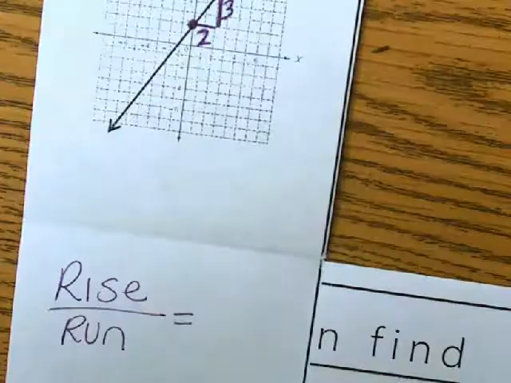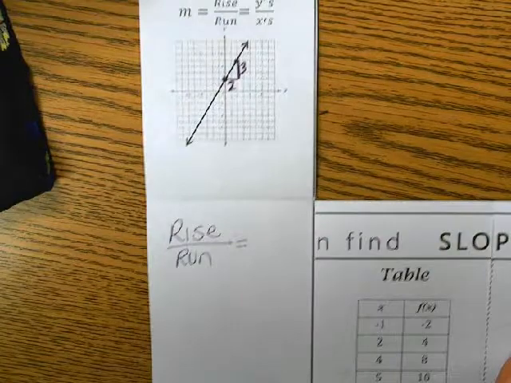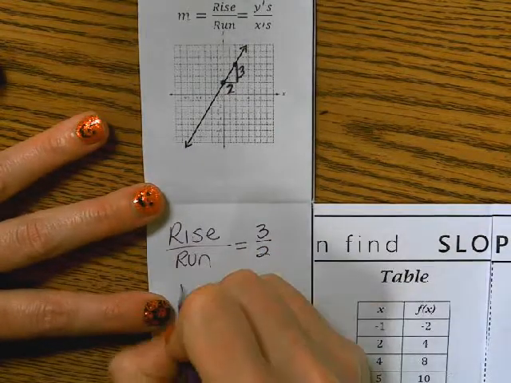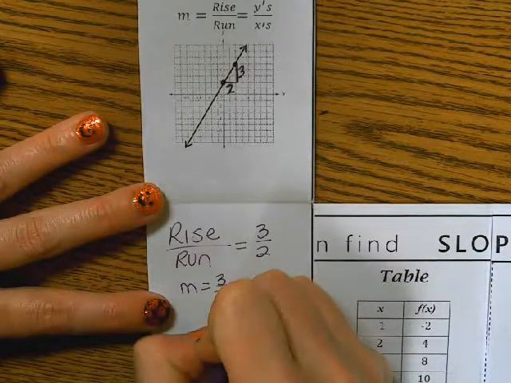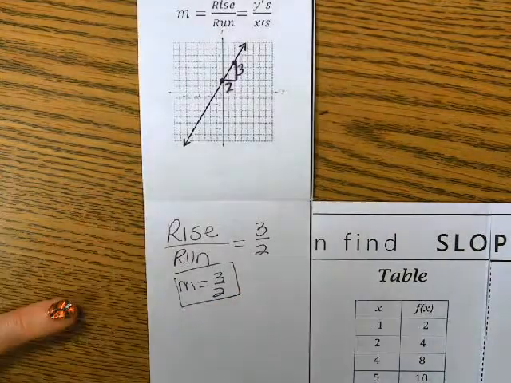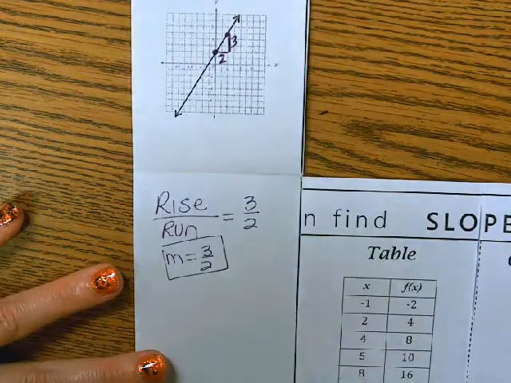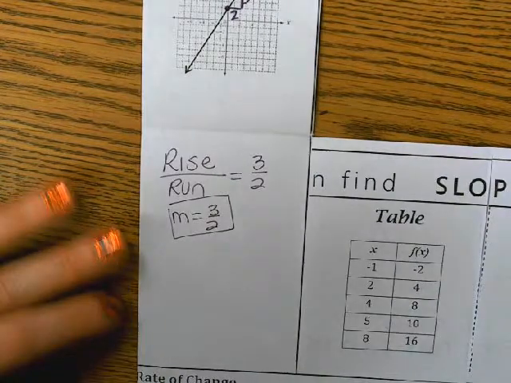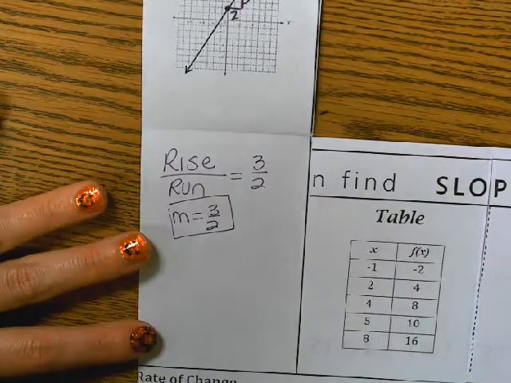So rise over run means this line is the slope of 3 rise and 2 run. So m equals 3 over 2. I don't know who decided to pick m for slope, but maybe m stands for mountain in somebody's head, but that's what the letter m represents for you guys.